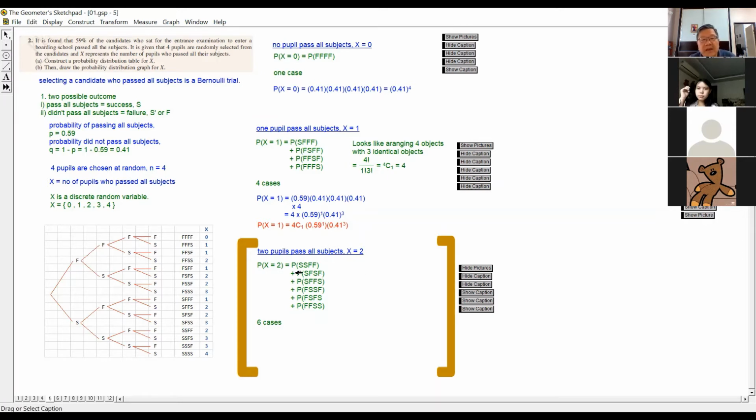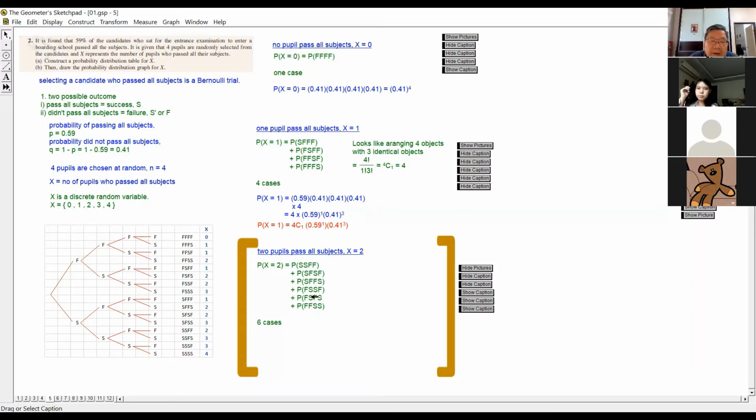But it can be SFSF: the first one passes, the second one doesn't, the third one passes, and the last one doesn't. So there are many different ways of two students passing all the subjects. The different ways I have listed are SSFF, SFSF, SFFS, FSSF, and so on.